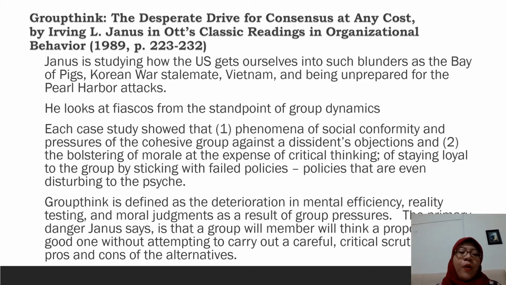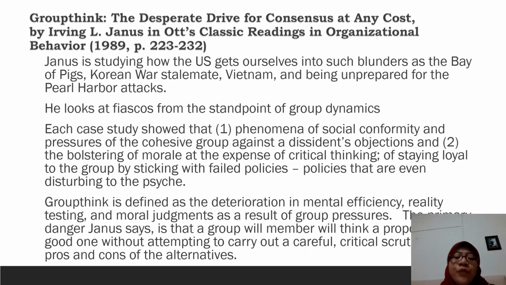He showed case studies of the phenomena of social conformity and pressure in cohesive groups, bolstering morale at the expense of critical thinking, and maintaining group loyalty even when they have failed policies.